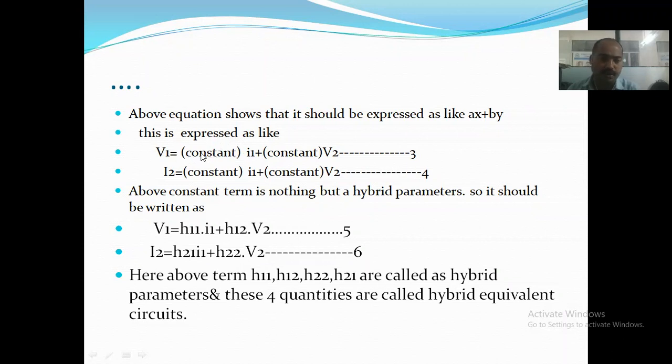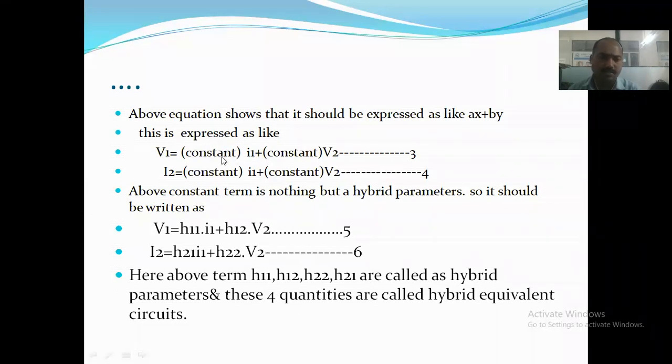See, for all of the constants we have to use the h term, right? If all the h are the same, there is no separation, right? For that purpose we have to write according to input and the connected thing. That's why here h is coming, and this is for input voltage one and input current one. That's why it should be written as h11, right?